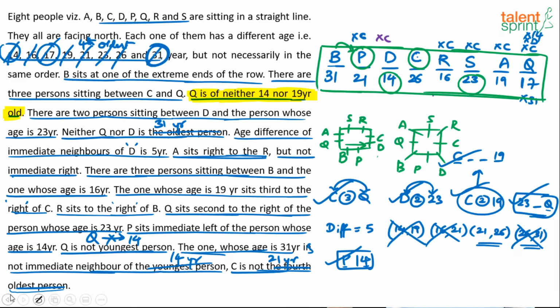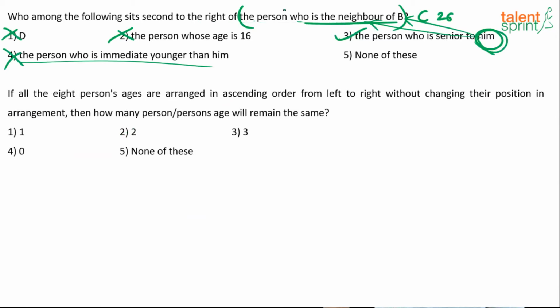P, right? So basically the reference here is P. Are you able to follow? Who among the following sits second to the right of P? P has been indirectly mentioned as the person who is the neighbor of B.